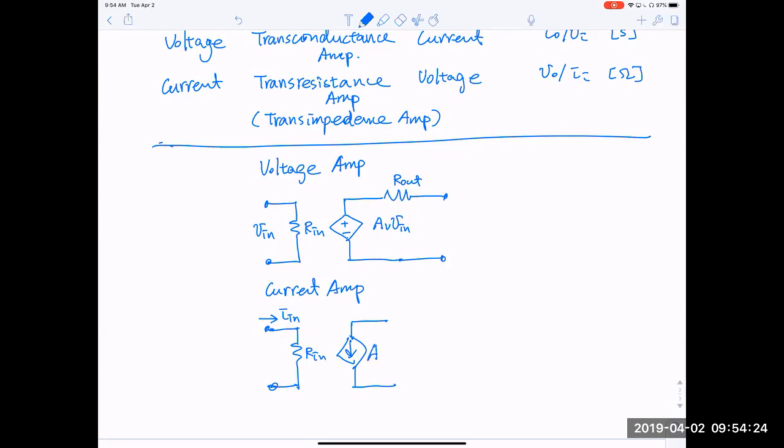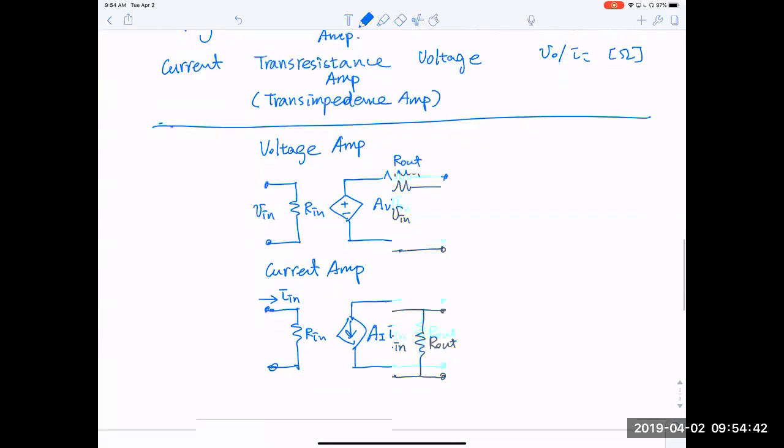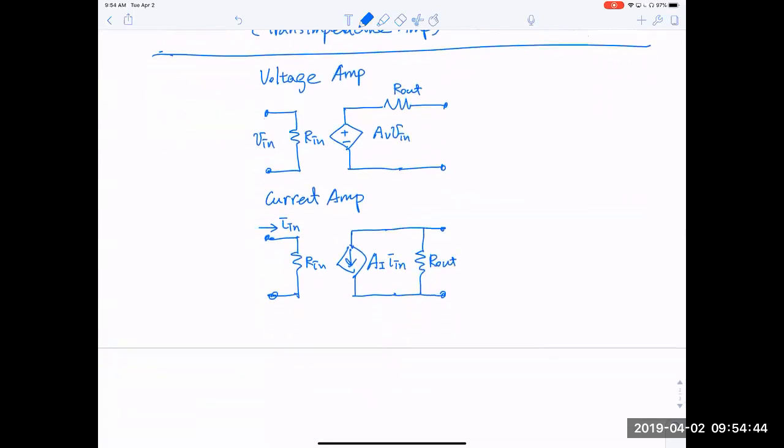The output is AI times I in. The output equivalent resistance is now in series combination. We can go through the other two combinations.